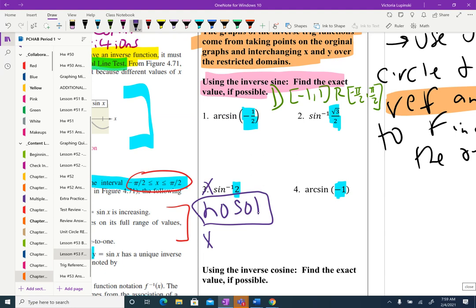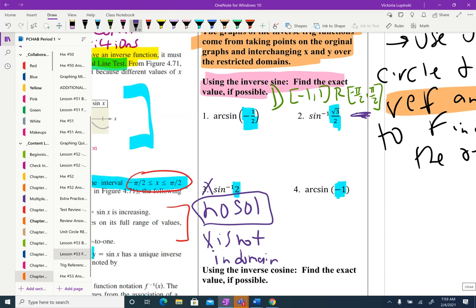And the reason is x is not in the domain. All the other answers do have a solution. You just now have to find it, and you have to find it in the appropriate interval. So for these 3 questions, I can only look for answers between -π/2 and π/2.